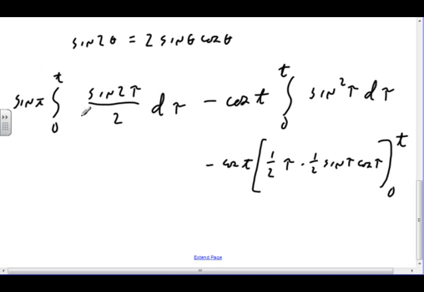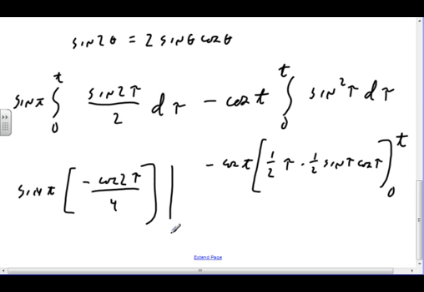And then the integral of this guy, I'm going to have sine t times minus cosine 2 tau over 4, evaluated at 0 and t. Okay, so did I do that right so far?